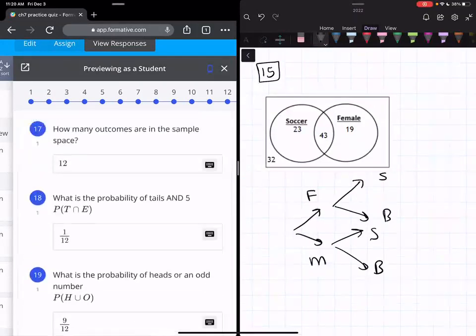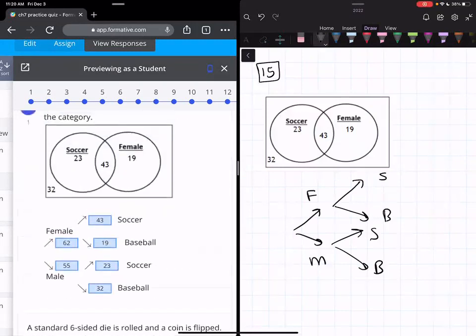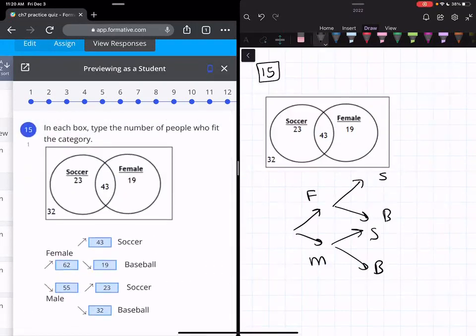15. Scroll back. All right, so how many females are there? 62 females. So how many males does that leave us with? 55.